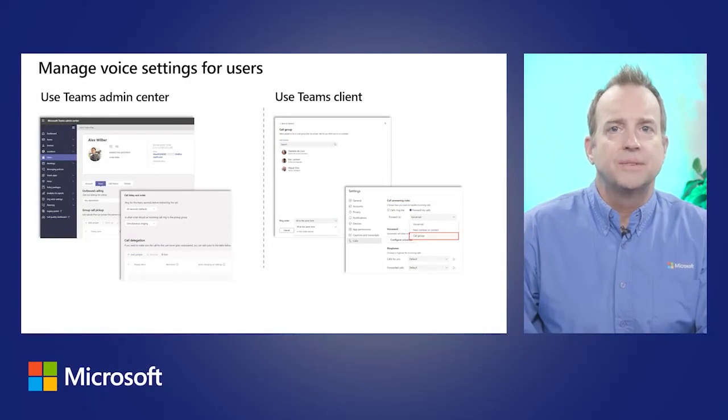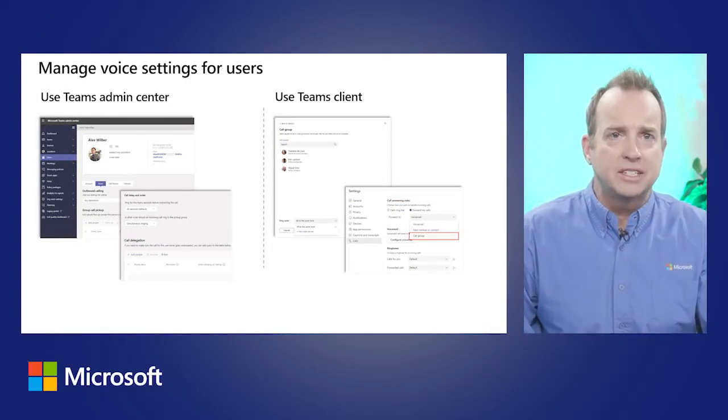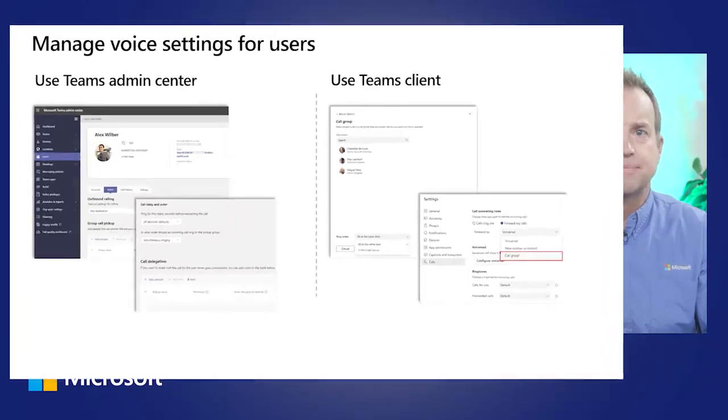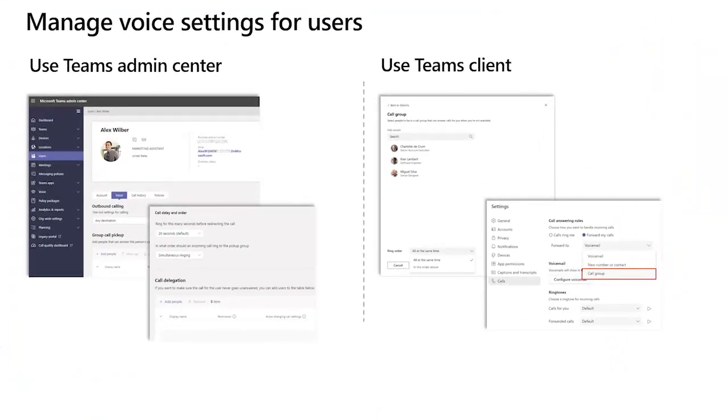Voice settings. We can do certain tasks in the Teams admin center, others from the Teams clients. From the Teams admin center, we're looking at call delay for a specific user, Alex Wilbur. We can ring for 20 seconds before redirecting the call. We can also specify if a pickup group is involved.